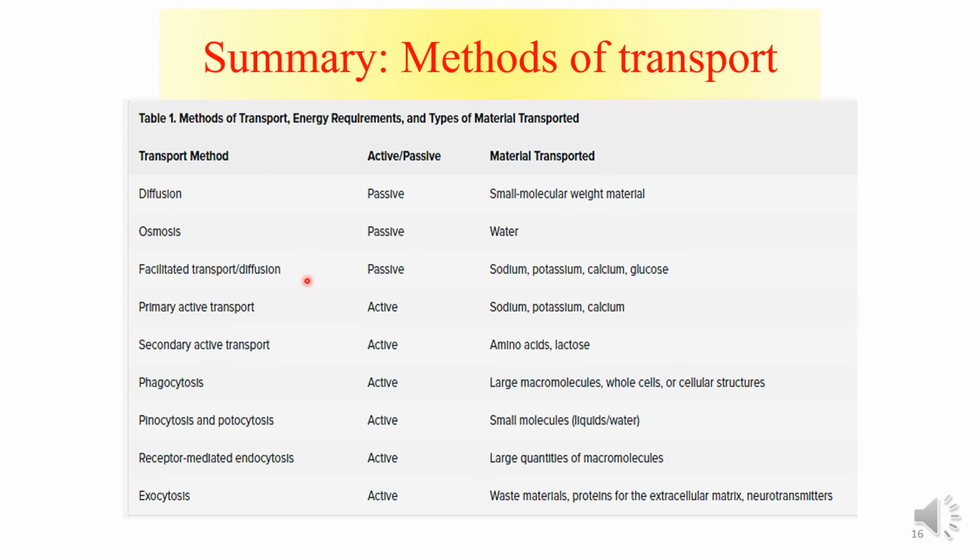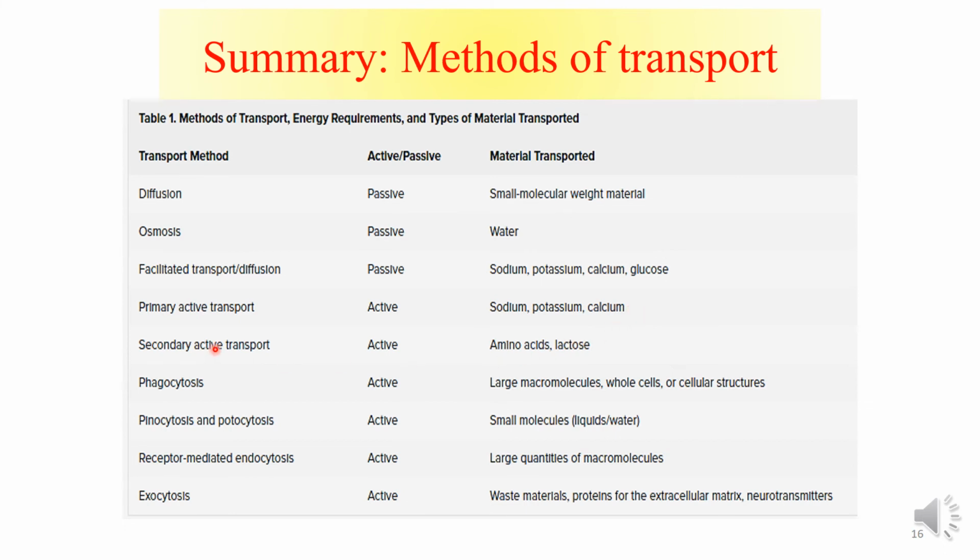Facilitated transport or diffusion is also passive transport, where sodium, potassium, calcium and glucose are transported. Now primary active transport is an active form of transport where energy is needed in the form of ATP, and sodium, potassium, calcium ions are transported against the concentration gradient.